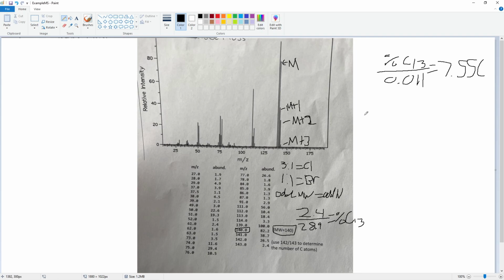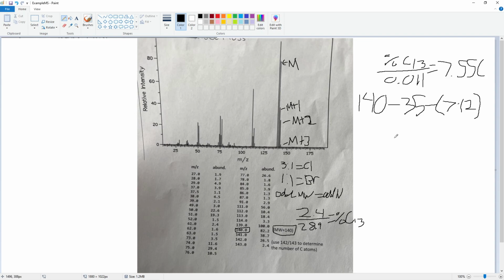So what we're going to do to calculate our chemical formula once we've got all of this information is take our molecular weight, which is 140, and then subtract all of the things we know are there. First, we subtract 35 for the chlorine, and then we subtract however many carbons we think we have for this formula. So we'll start with 7 times 12, which is the molecular weight of carbon.